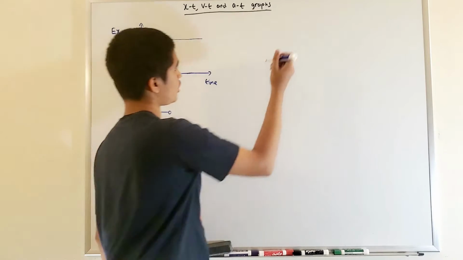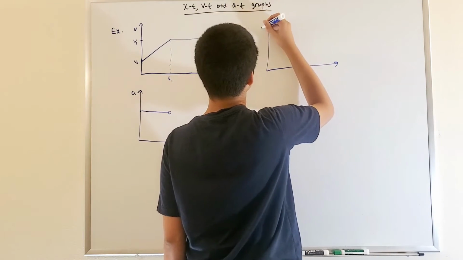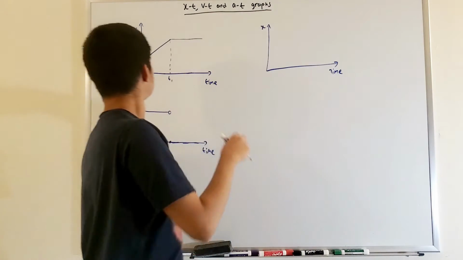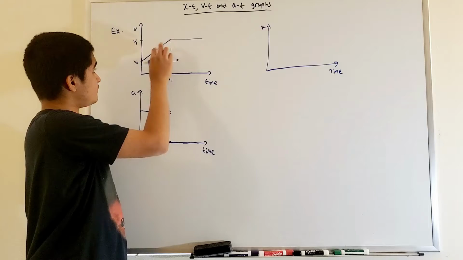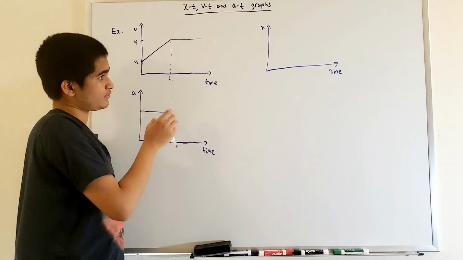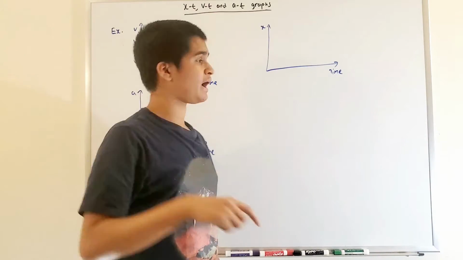Now let us draw the displacement time graph. So we see that the velocity has increased and that we have a constant acceleration, which means that our displacement will be a parabolic path.